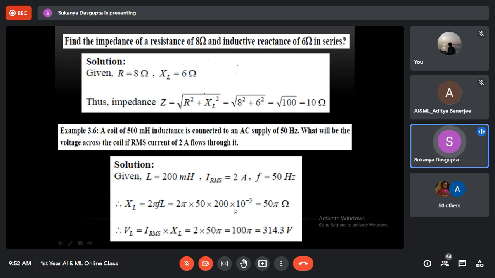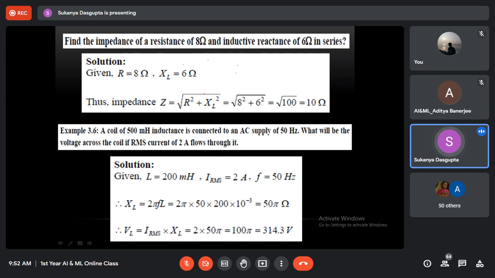And what is VL, the voltage drop across the inductor? It is nothing but the current through it times the inductive reactance, XL multiplied with I RMS. The RMS current is given. So voltage across the pure coil is 314.3 volt.